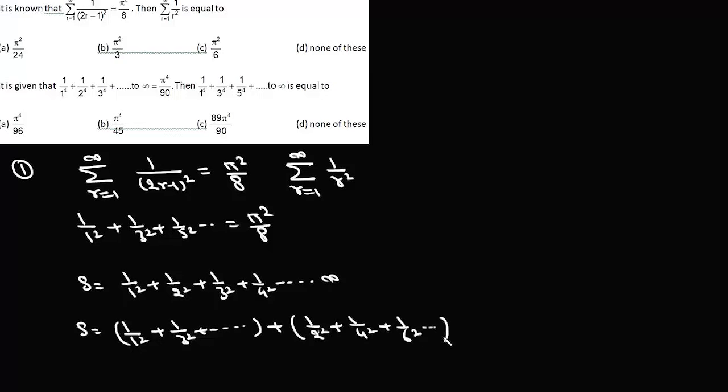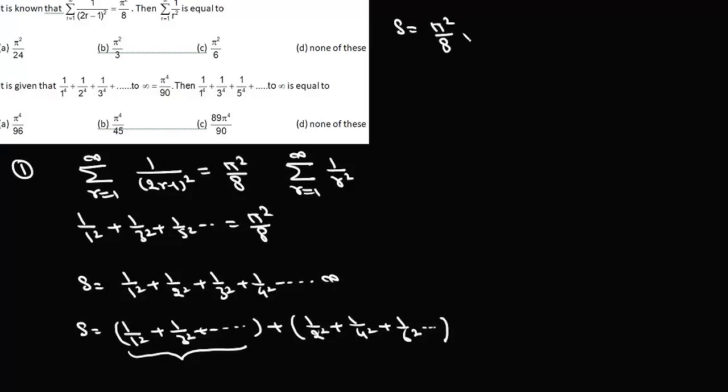Now we'll separate even and odd terms. We can write this series as 1 upon 1 square plus 1 upon 3 square plus 1 upon 5 square, and then 1 upon 2 square plus 1 upon 4 square plus 1 upon 6 square up to infinity. The sum of the first series is already given in the question, pi square by 8.